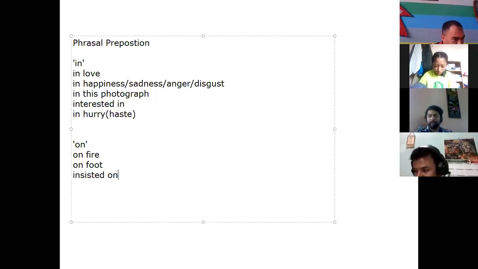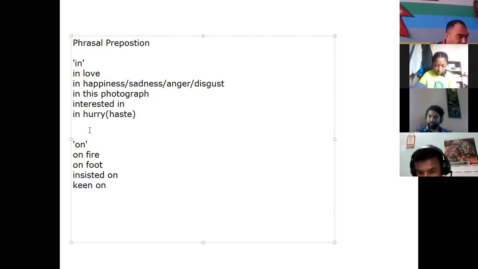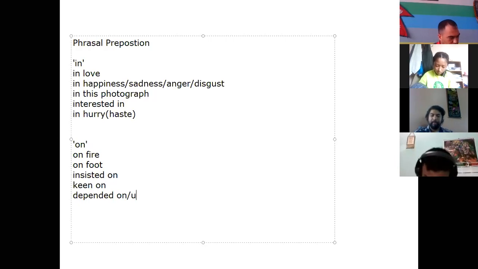हैन. ल keen on, dependent on, dependent upon पनि युज हुन्छ होला. The similar on and upon, dependent on, dependent upon.